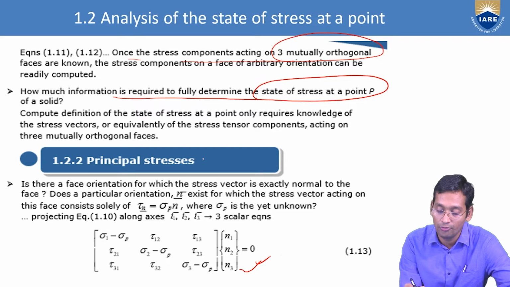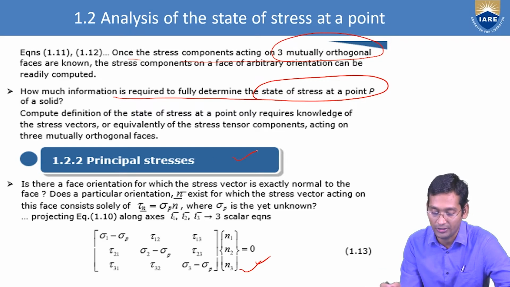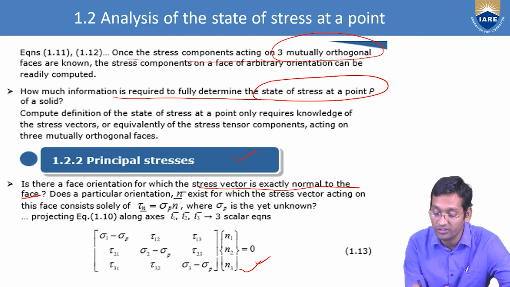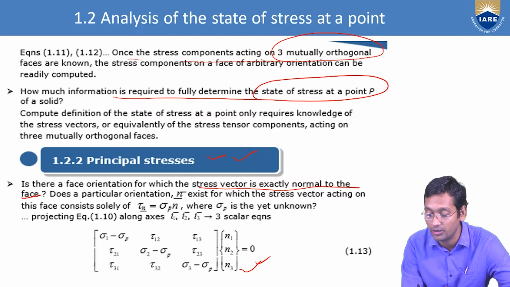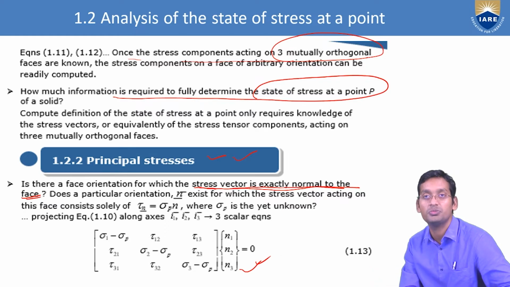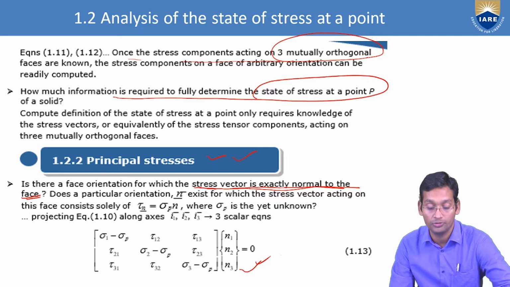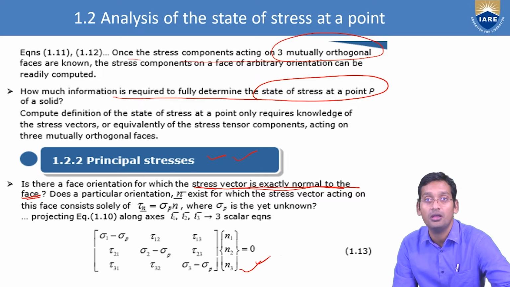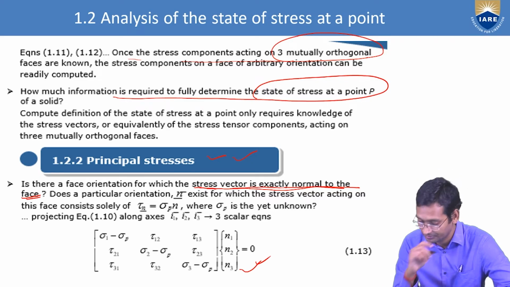Now, what is the principal stress that we will find? If there is a face orientation for which the stress vector is exactly normal to the face, so just see, a principal stress, this word is very important. A stress vector is exactly normal to the face. Means a stress vector must be perpendicular to that face, then we can say that is the principal stress.